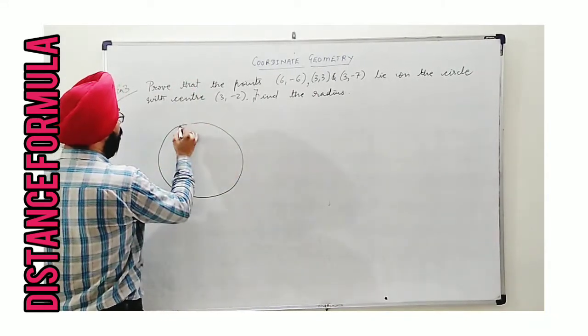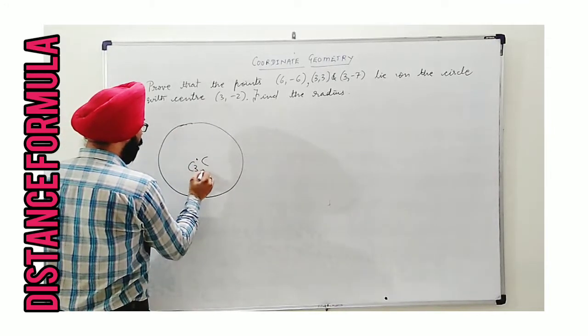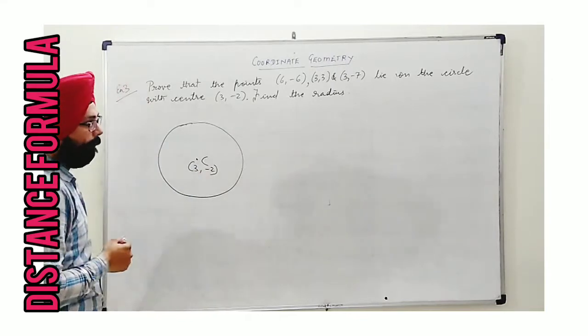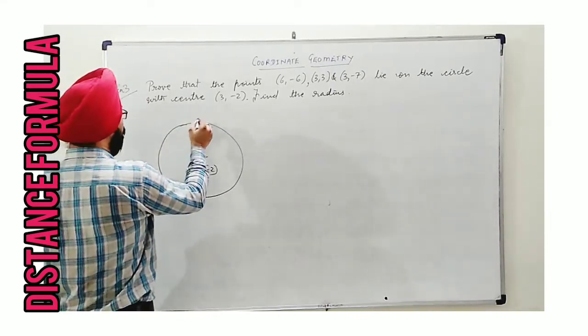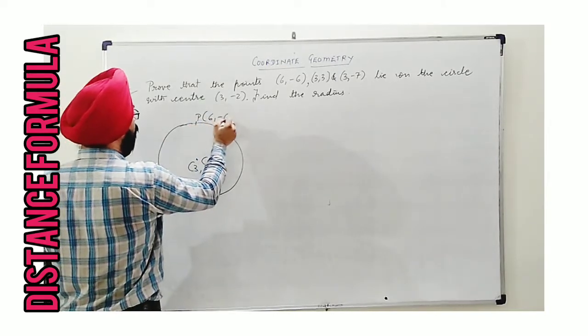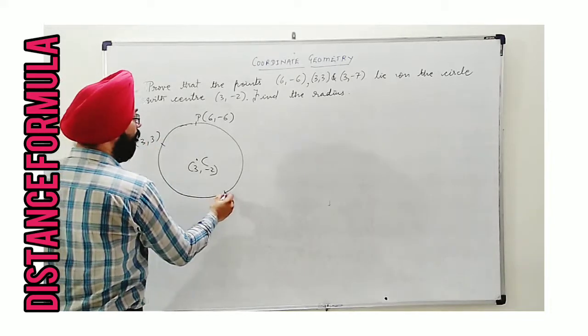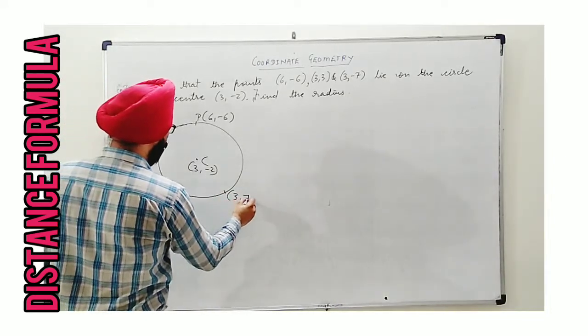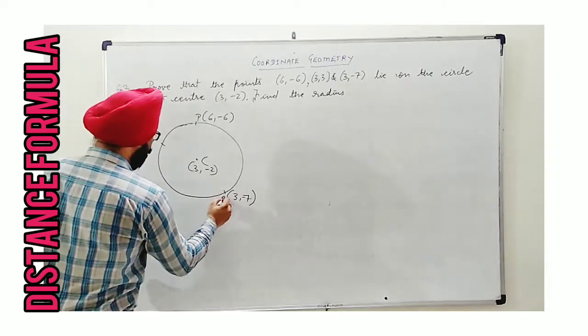If a circle, suppose, is given, we are given its center (3, -2). Now different points, 3 points are given. We can consider P (6, -6), Q (3, 3), and R (3, -7).